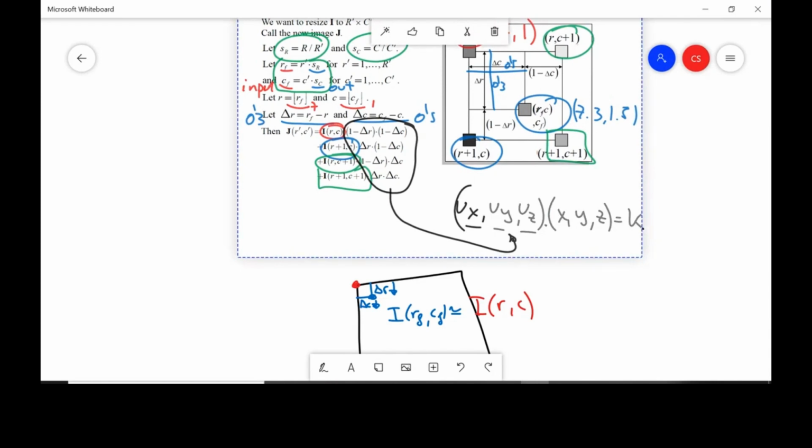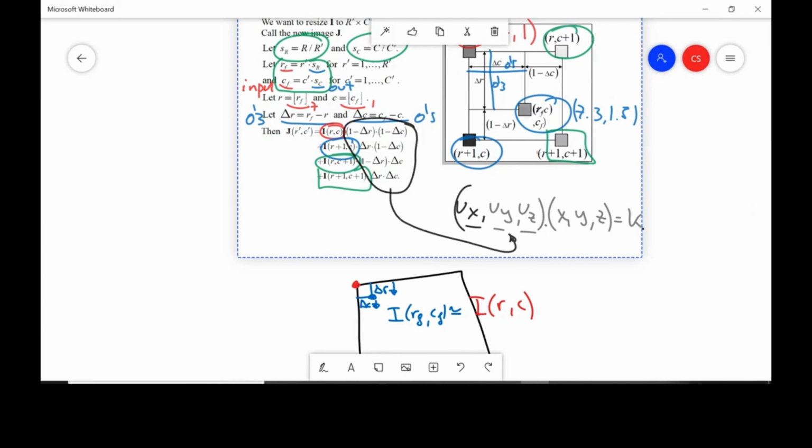And here both are small, so delta R, delta C, so this other term is also close to 0. So the most dominant term is this one that has high values. And it is close at R prime, C prime, it is close to I of R, C. You see?